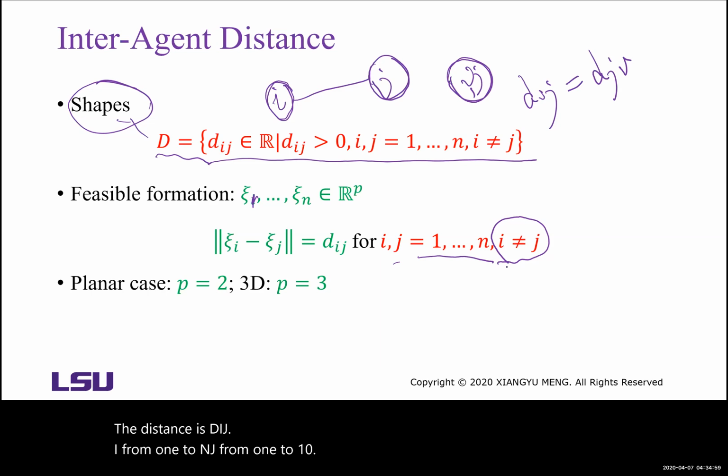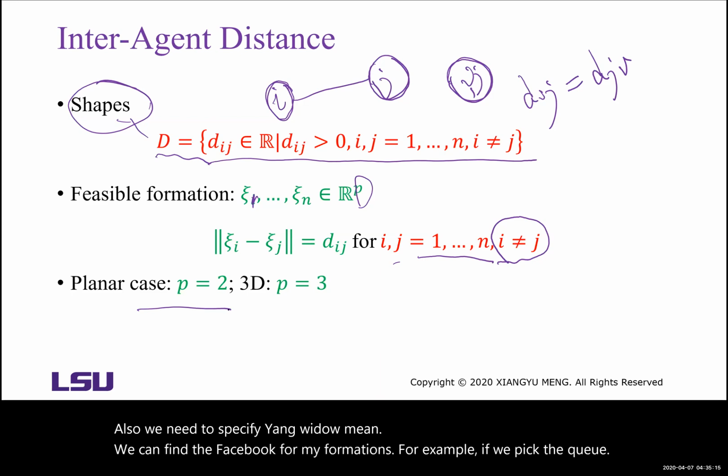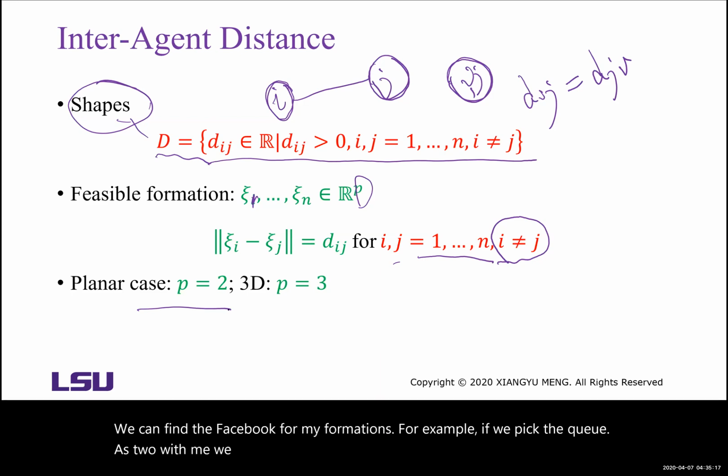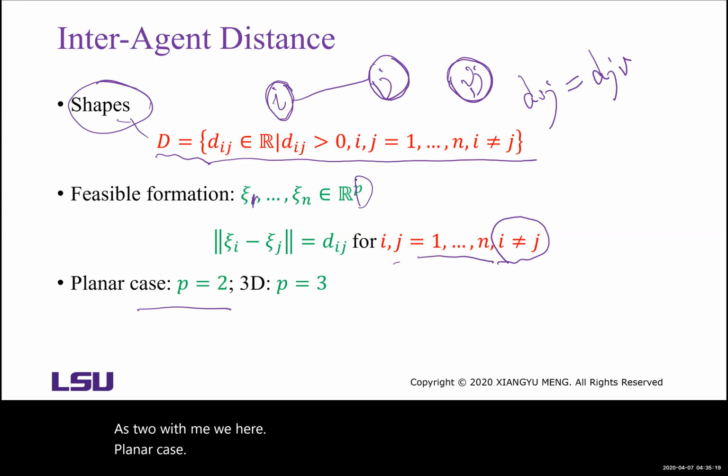Then we also need to specify in what domain we can find the feasible formations. For example, if we pick q as 2, it means we're in a planar case. If q is 3, we're in a 3D case.